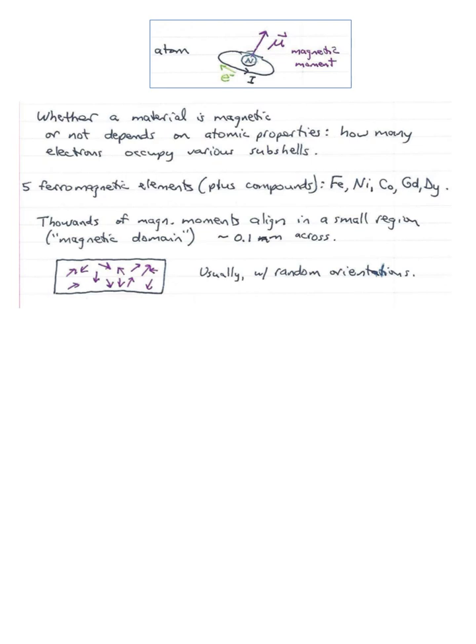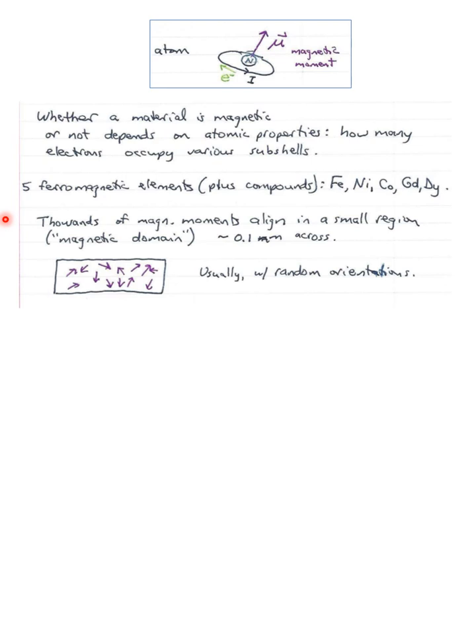Whether a material is magnetic or not depends on its atomic properties, how many electrons occupy various subshells. The textbook goes a bit more into detail with it, but I won't go into that detail in this lecture.